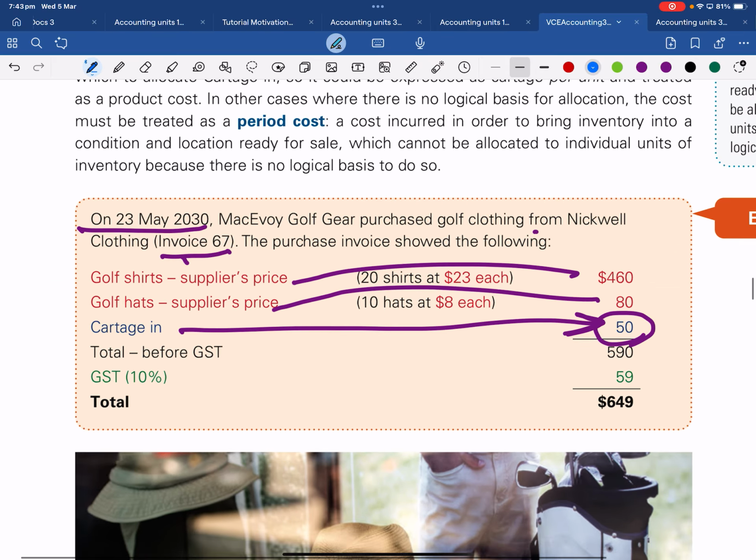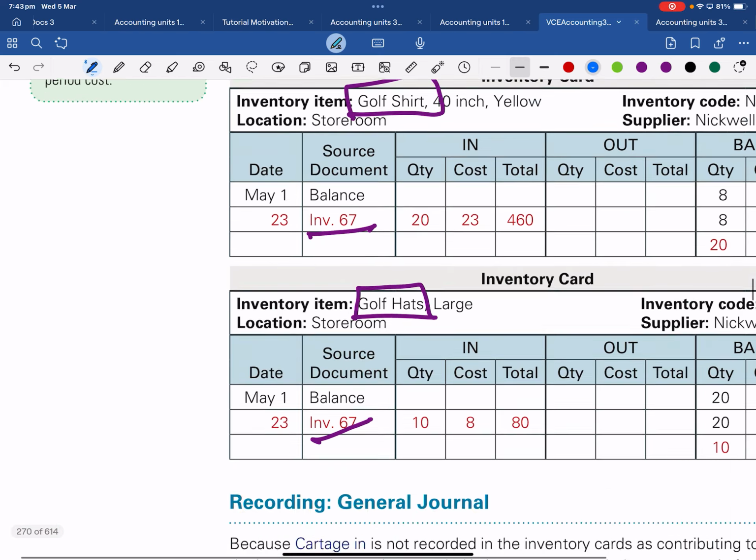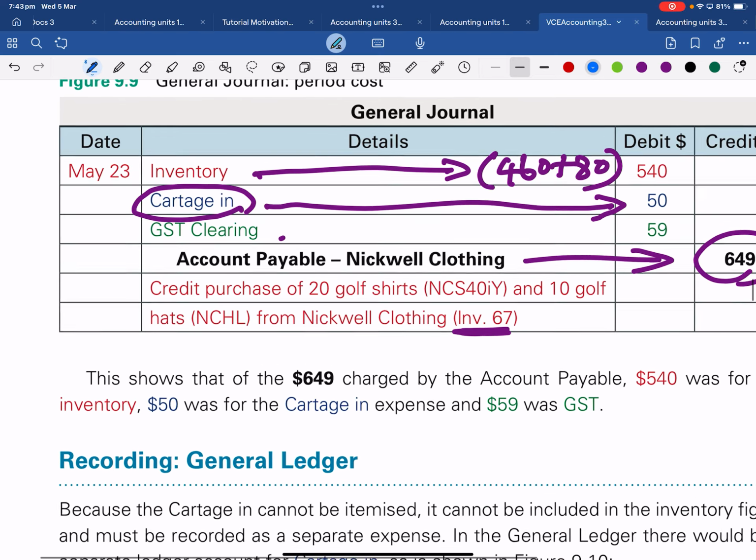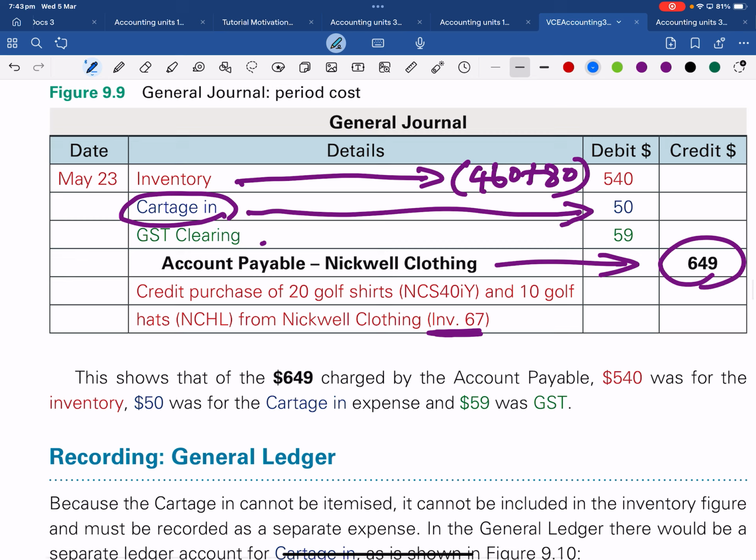See this one? Mac purchased shirts and hats, and for that he paid cartage in, which was a period cost. The golf shirts and hats were product cost, the other one period cost. But see, what was the double entry? Inventory was debited for both of them, and cartage in separately. GST for both the inventory and cartage in, and accounts payable was credited. So that means in one transaction we can still record, no problem.